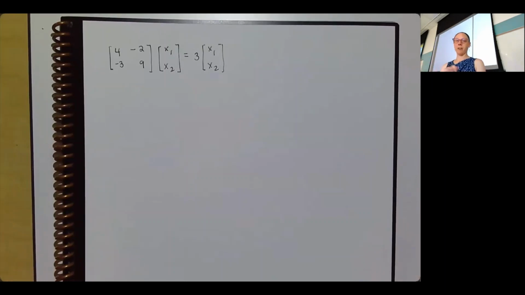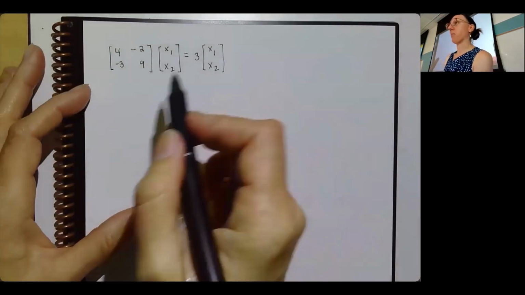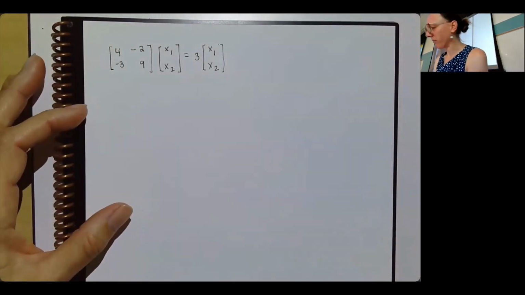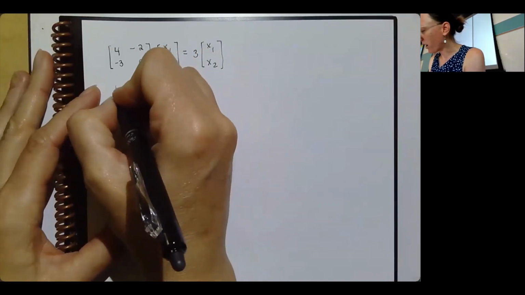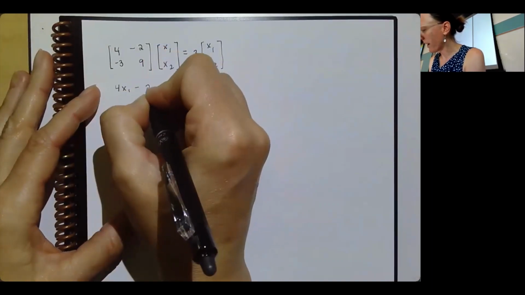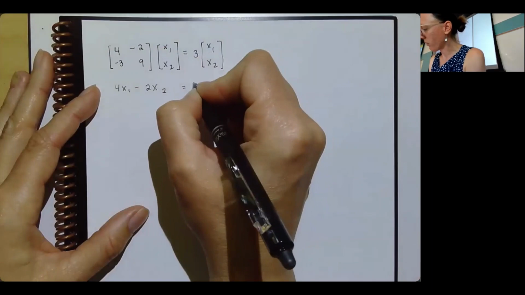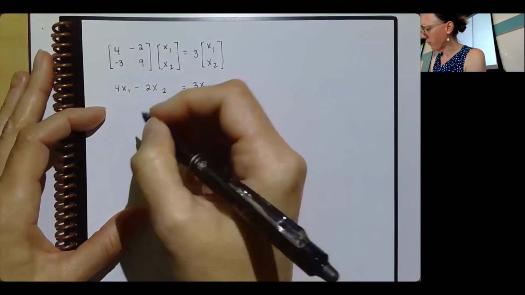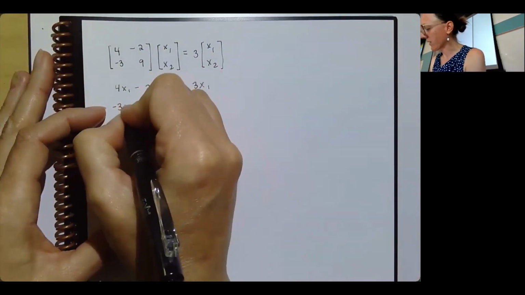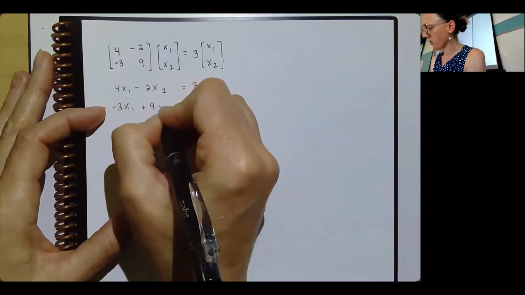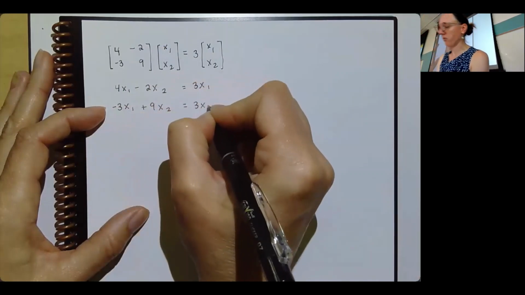So I'm going to do the same thing, multiply this out. I expect to get the same equation on the top row and the bottom row. Let's see if we do. So I've got 4x1 minus 2x2 is equal to 3x1. And then my second row, I've got -3x1 plus 9x2 is equal to 3x2.